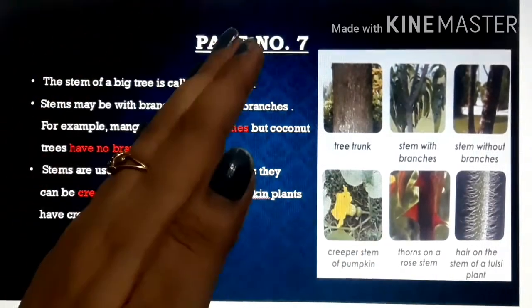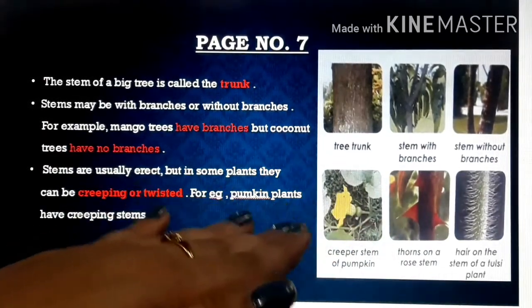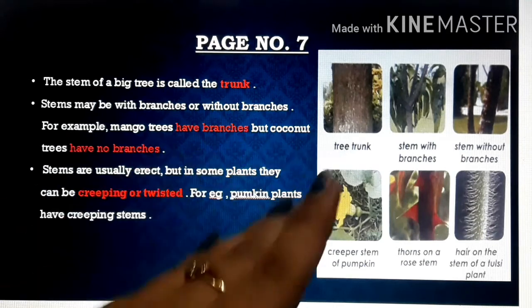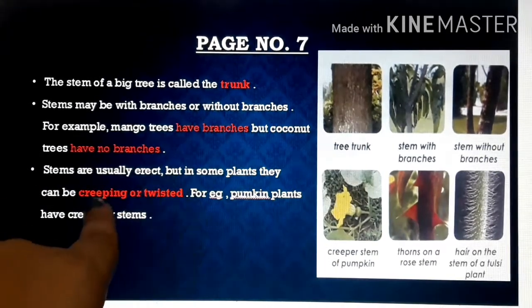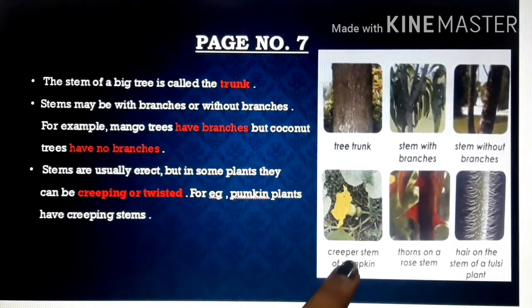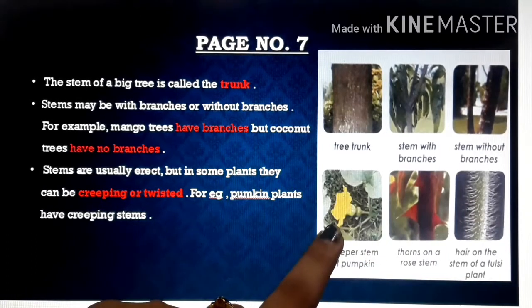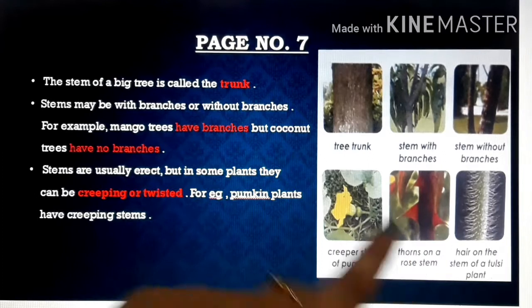They need some support, or they are like pumpkin stems, you will see children, on the ground only. Okay, they are not straight. So this is your creeping or twisted, you can say. So for example, creeper stem of pumpkin, you can see here. These are the stems which are on the ground, isn't it?